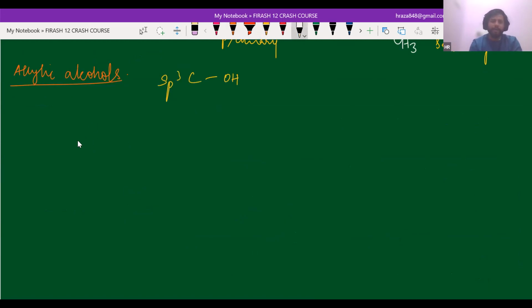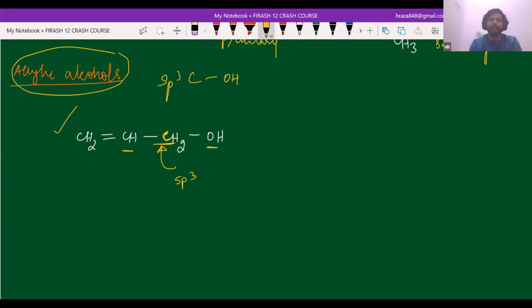It should be like this: CH2 double bond CH single bond CH2OH. What is the concept behind it? The carbon to which OH is connected must be sp3, and the adjacent carbon to this sp3 carbon should be doubly bonded. This type of alcohol is known as allylic alcohol. Is that clear?